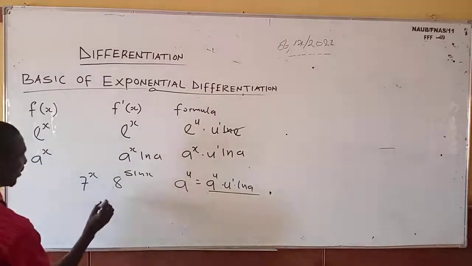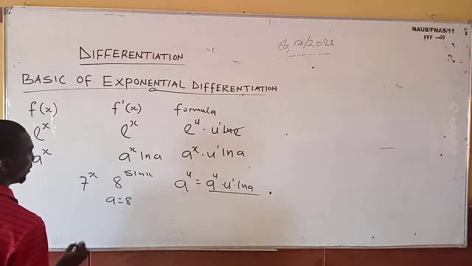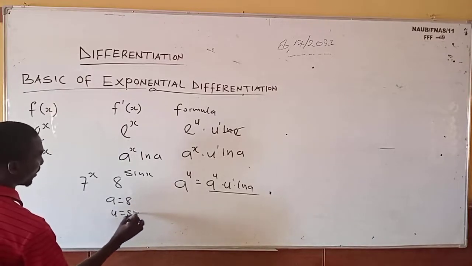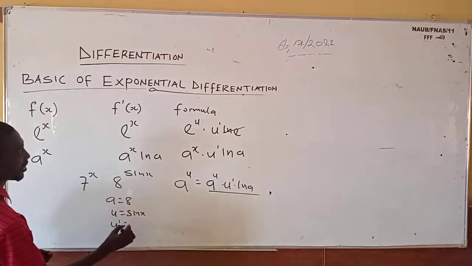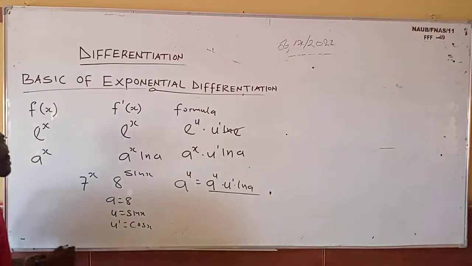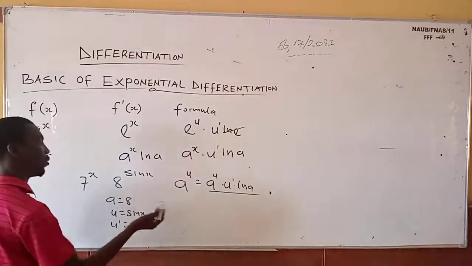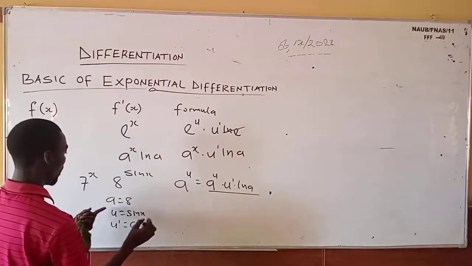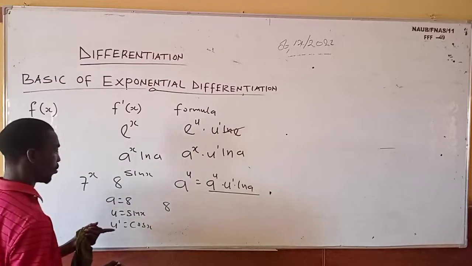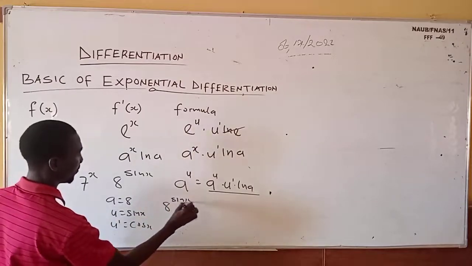What is a? A is 8. Then u is equal to what? Sine s, right? What is u prime? If you differentiate sine s, you have cos s. Do you understand? So now, if you come back here, your answer directly: a to the power of u. A is 8.